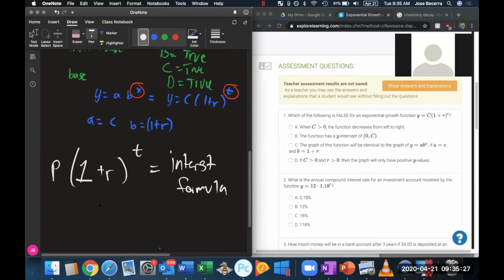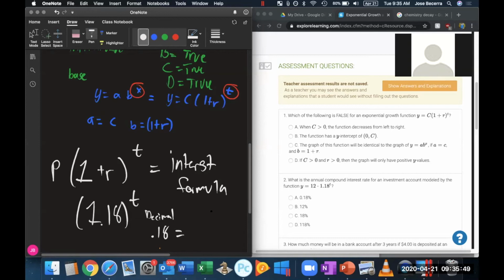Okay. Now here, if we have 1 plus 1.18, what is the percentage that this went up, guys? In other words, what is 0.18 in percent form? This is decimal form.